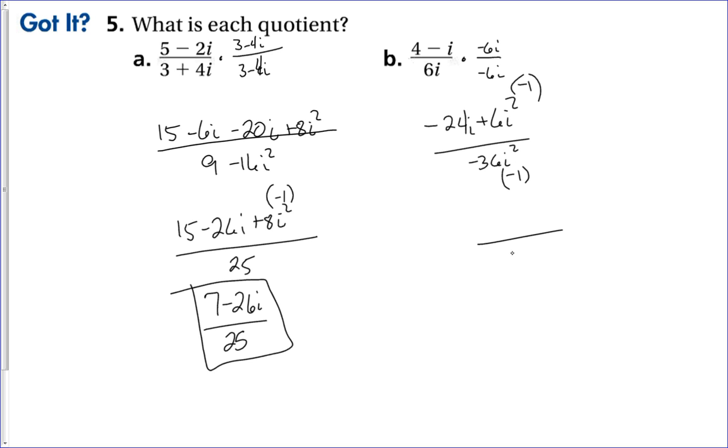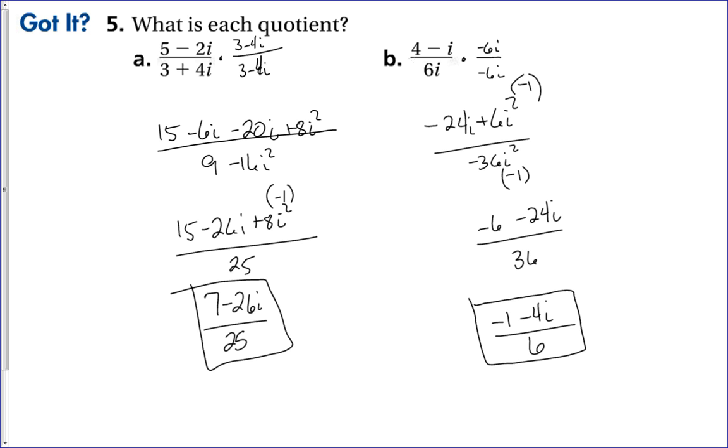So this is going to be over 36, and this is going to be minus 6 minus 24i. You can pull a 6 out of everything. So you pull a 6 out of here, you're left with negative 1. Pull a 6 out of here, you're left with negative 4i. Pull a 6 out of the bottom, you're left with 6. All right, so your answer is negative 1 minus 4i divided by 6.